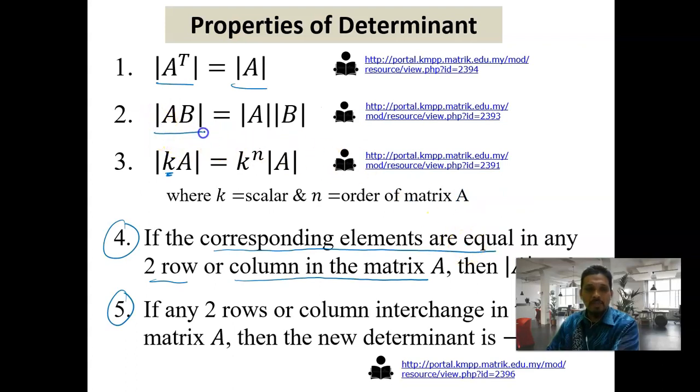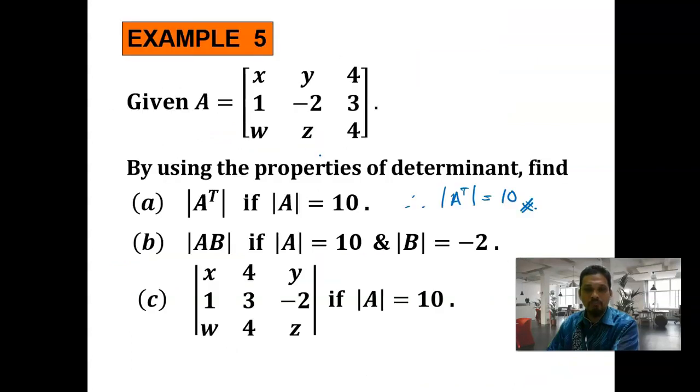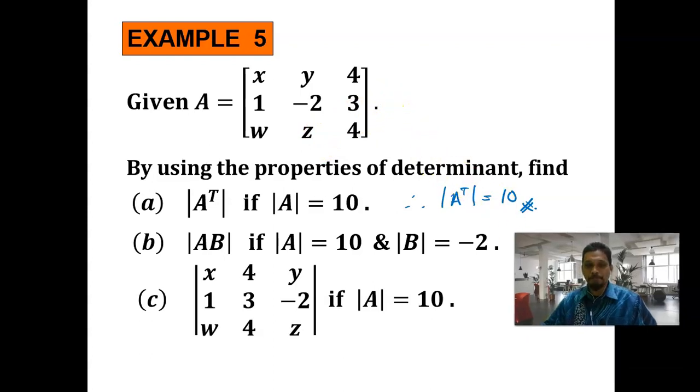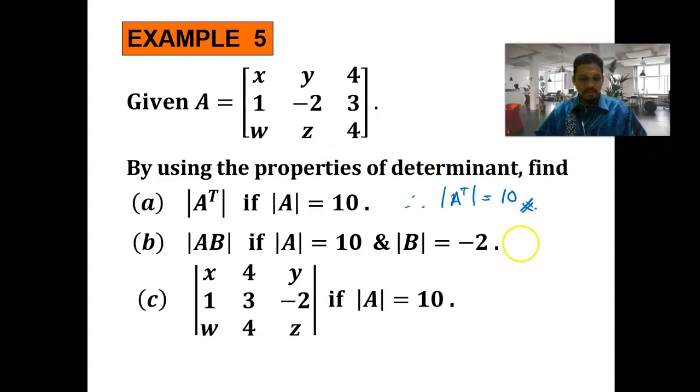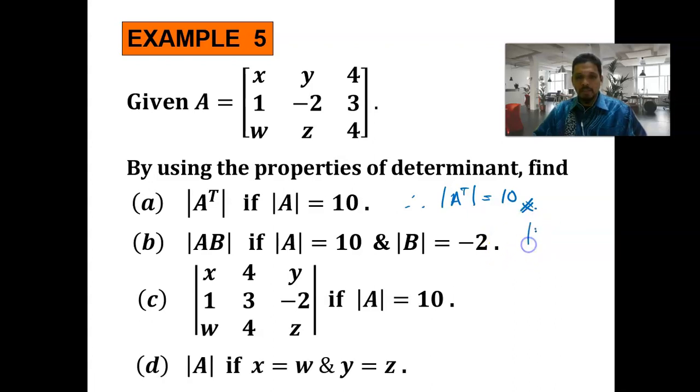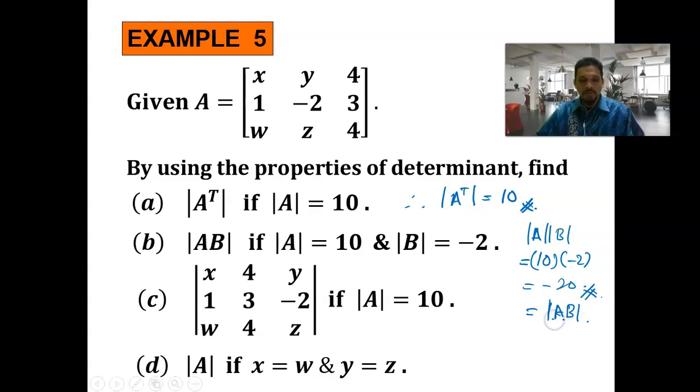The determinant of AB equals the determinant of A multiplied with the determinant of B. So class, conclusion here, it is the determinant of A multiplied with the determinant of B, equal to 10 multiplied with negative 2, which is equal to negative 20.